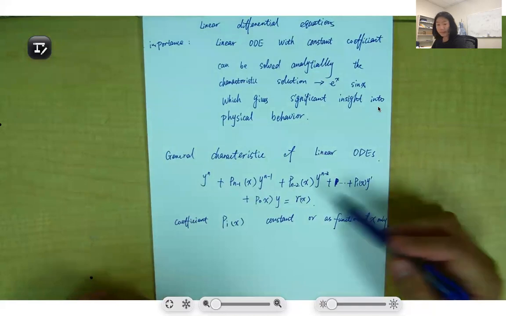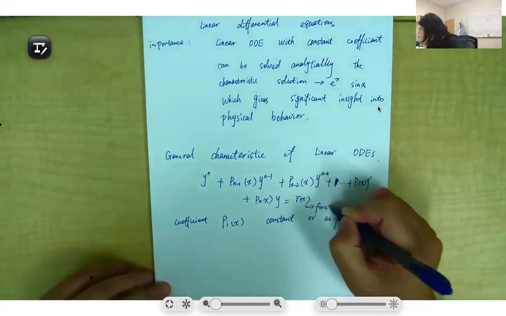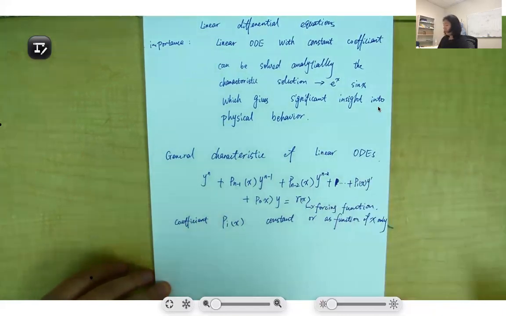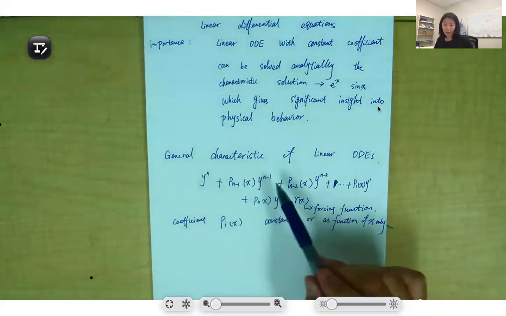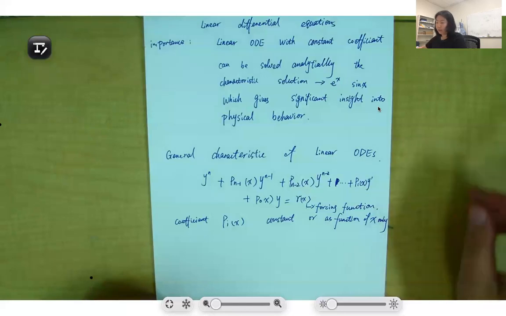And this R(x) is called the forcing function. And both of them are continuous functions. That is the general characteristic of the linear ODEs.